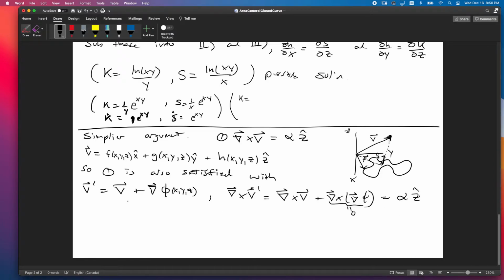So by shifting the vector by the gradient of the scalar function, we still obey equation 1.